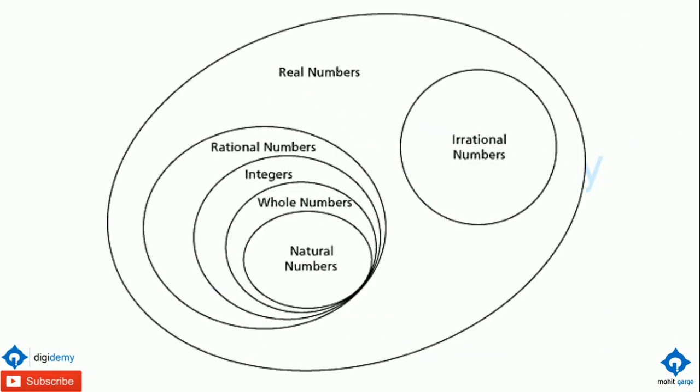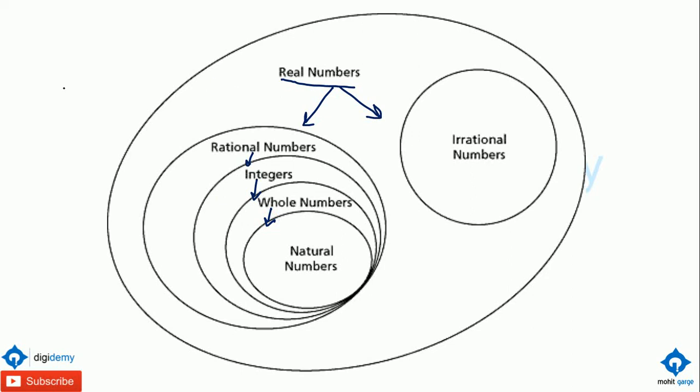So this figure will give you an exact idea of how the numbers are classified. So the bigger set is of real numbers, which are classified into rational and irrational numbers. Then rational numbers are classified as integers, integers as whole numbers, as natural numbers.